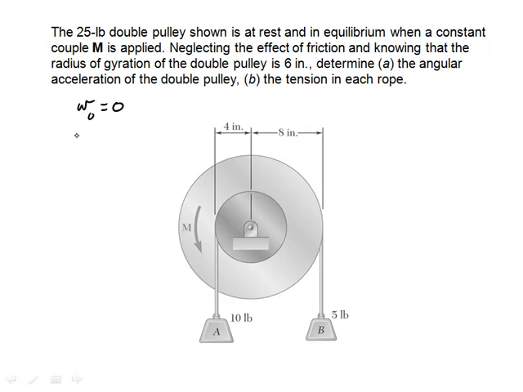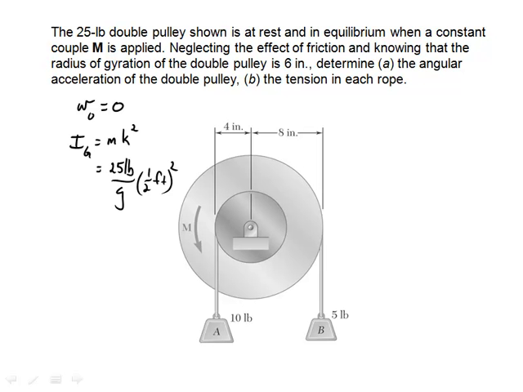So the moment of inertia about the center of gravity is equal to the mass times the radius of gyration. We'll use the letter K for the radius of gyration. So that's mass times K squared: 25 pounds divided by the acceleration due to gravity, times a half a foot squared, because it's 6 inches. So what's the angular acceleration of the double pulley system and the tension in the rope?